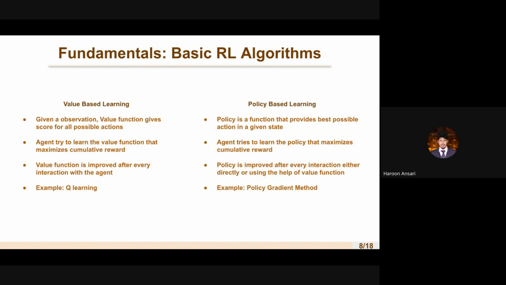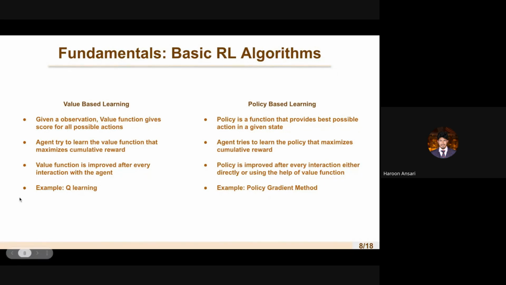So these are the broad umbrellas of value based and policy based learning. Examples: the value based method is Q learning, and the policy based method is the policy gradient method.